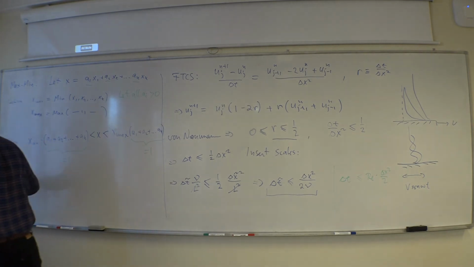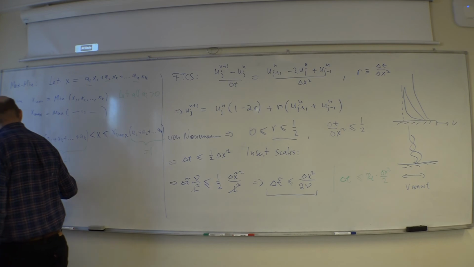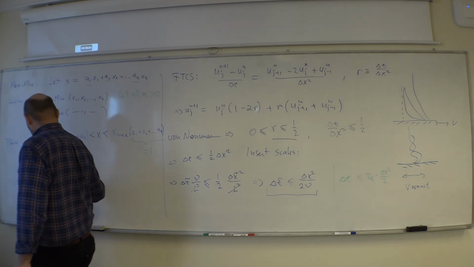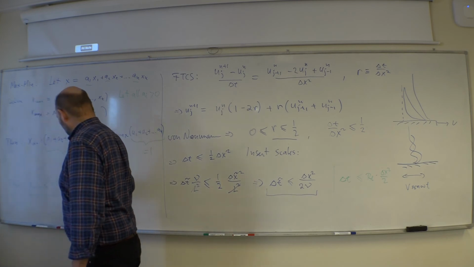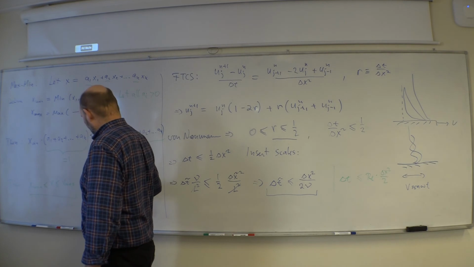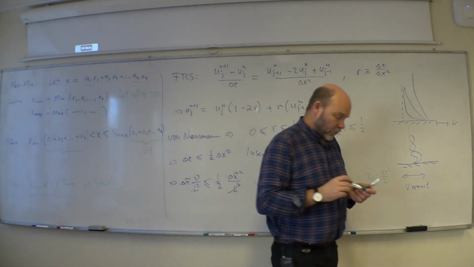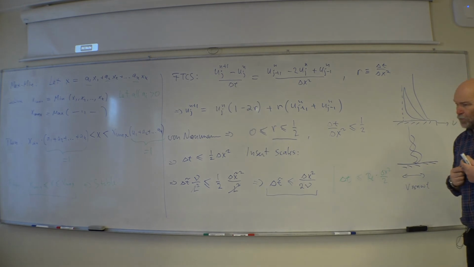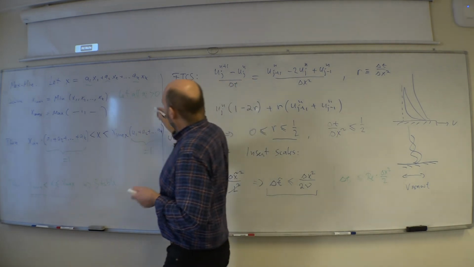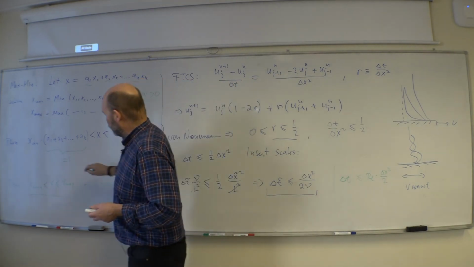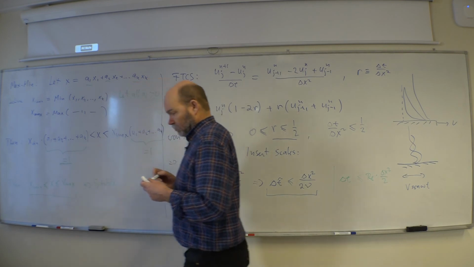Then you can write directly x min smaller or equal to x smaller or equal to x max, implying stable, because your x is bounded. It has to be in between those two values, meaning it will never explode, no matter what. But you have two ifs. All A positive, and the sum of the coefficients must be 1.